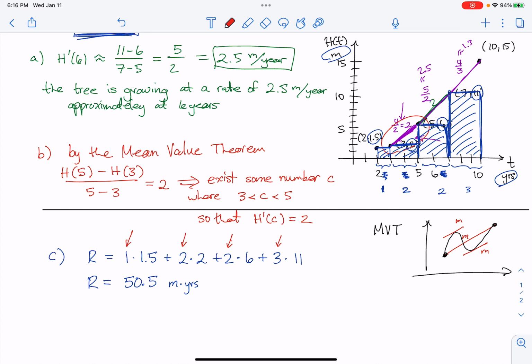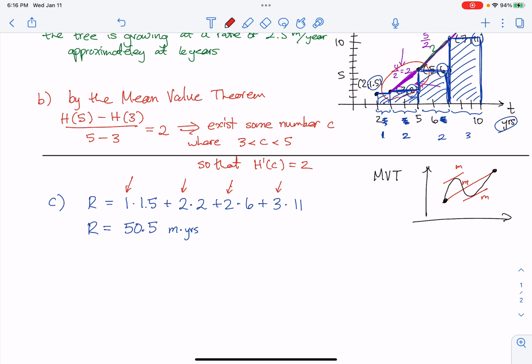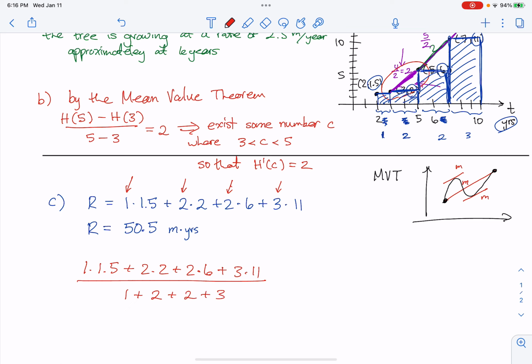So I would take this weighted sum and divide it by the sum of the weights. That's going to be 1 plus 2 plus 2 plus 3, which gives me a denominator of 8.